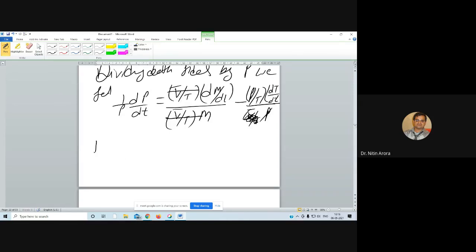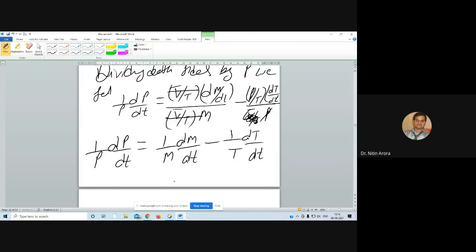So can I write it as 1 upon P dp upon dt is equal to 1 upon m dm upon dt minus 1 upon T dT upon dt.